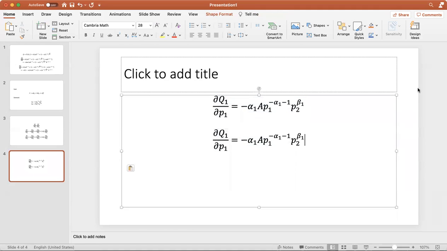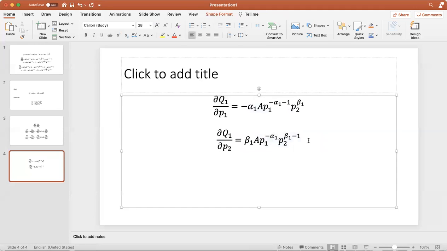How about P2? The partial of Q1 with respect to P2 is given by beta 1, and P1 is a constant now, so you don't have anything to do with that. So that's going to be beta 1 a P1 alpha, and the negative 1 disappears and moves to beta.